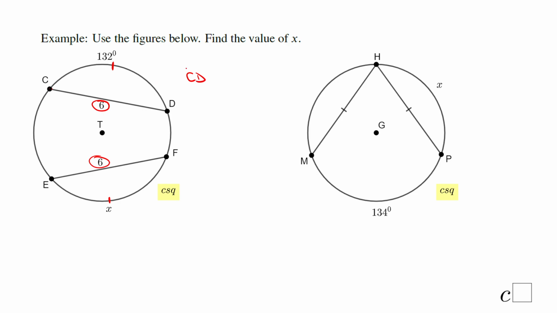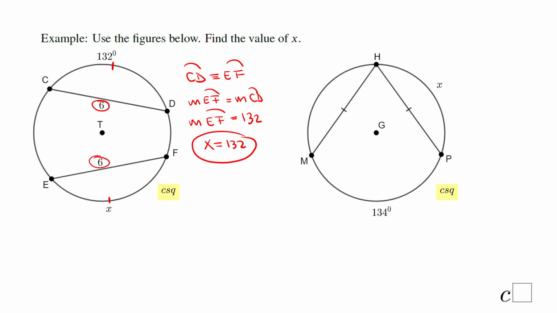Arc CD and arc EF are congruent because the corresponding chords are congruent, which means the measure of arc EF, which we need to find out, is going to be the same as the measure of arc CD, which we know is 132. So the measure of arc EF is 132 degrees, which means X is 132 degrees.